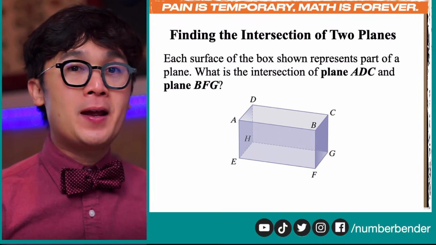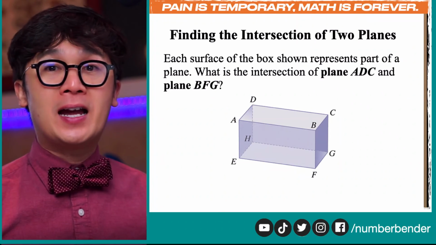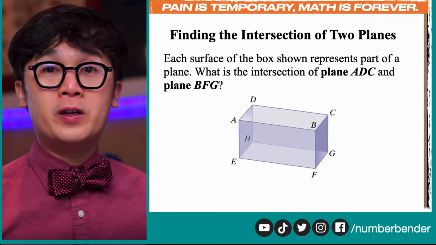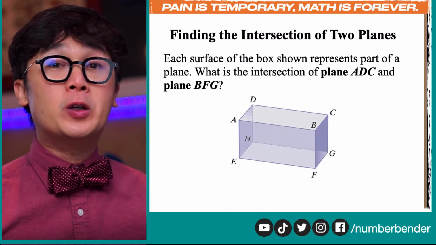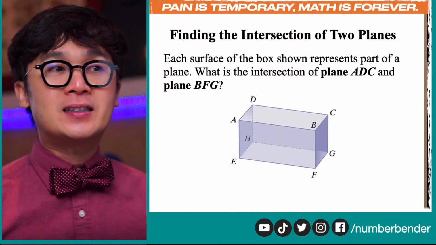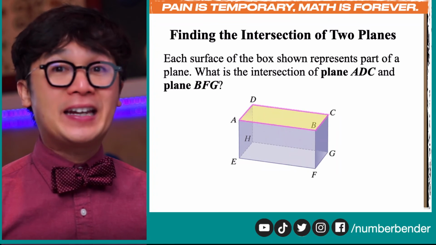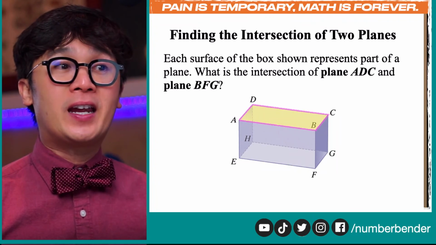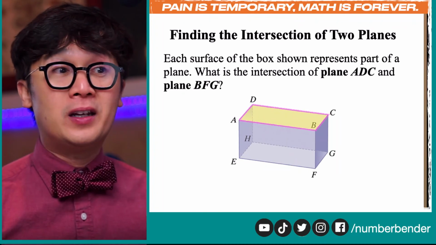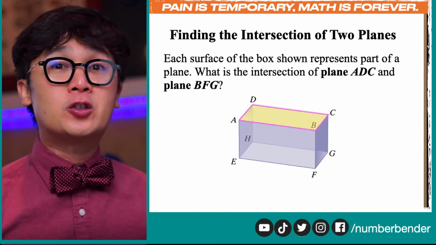So kailangan siyempre ma-identify natin kung nasaan yung mga planes na yan. Una, si plane ADC would be contained dito sa ating figure na ito. So ito yung ating plane ADC with endpoints A, D, and C that are non-collinear. So kailangan lang natin ng tatlo to represent it.